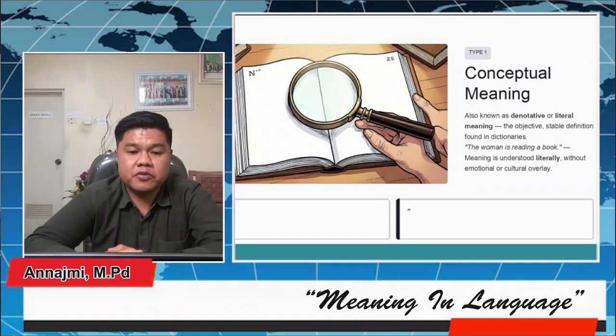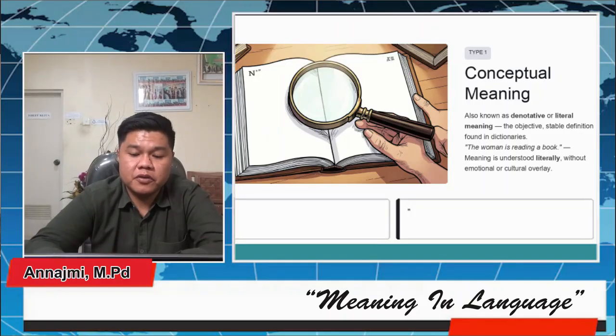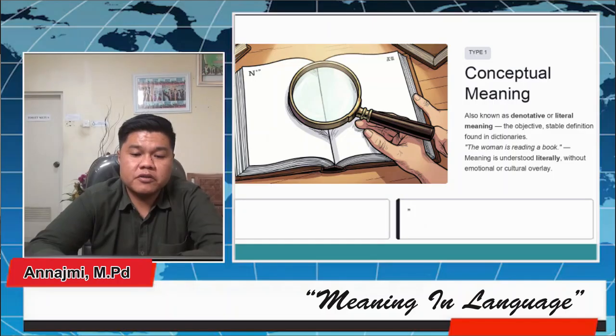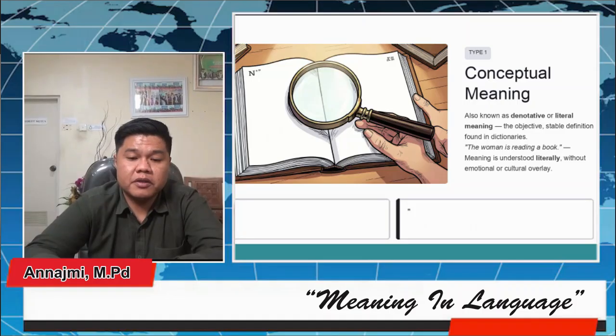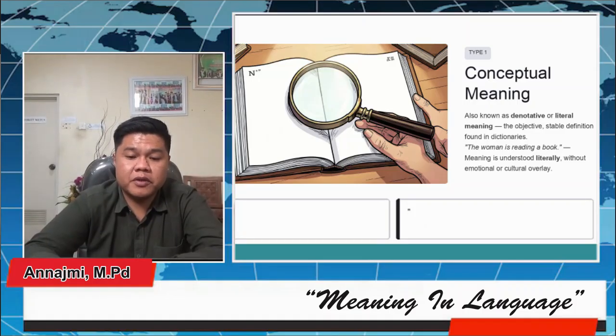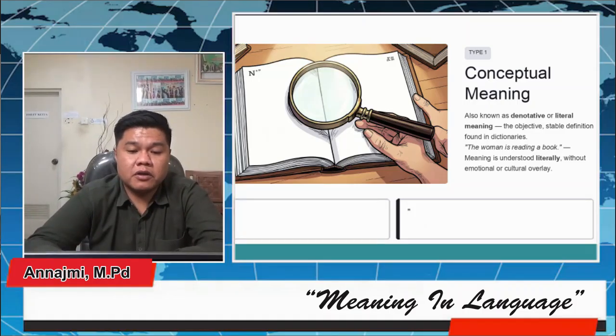Conceptual meaning is also called denotative or literal meaning. It refers to the objective and relatively stable meaning of words. Usually, conceptual meaning can be found in dictionaries. For example, the word woman refers to an adult human female. The word dog refers to a domesticated animal.